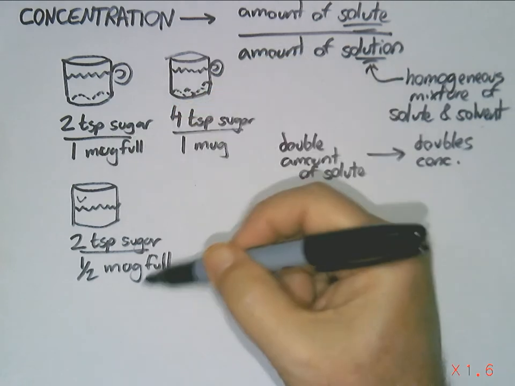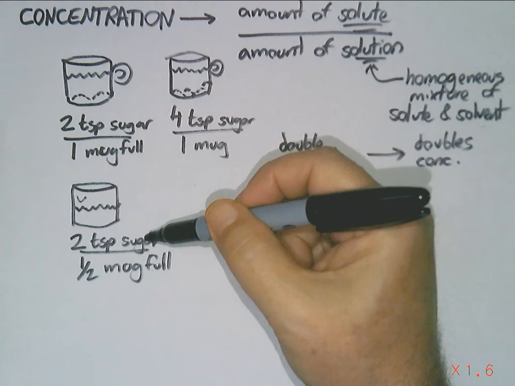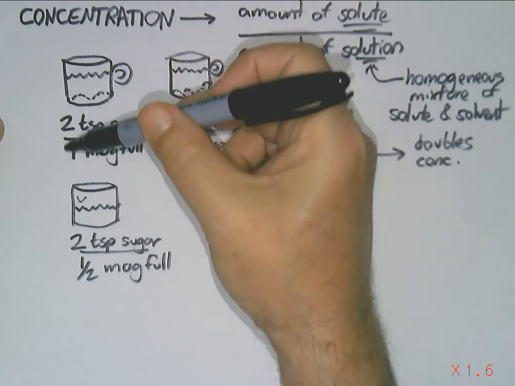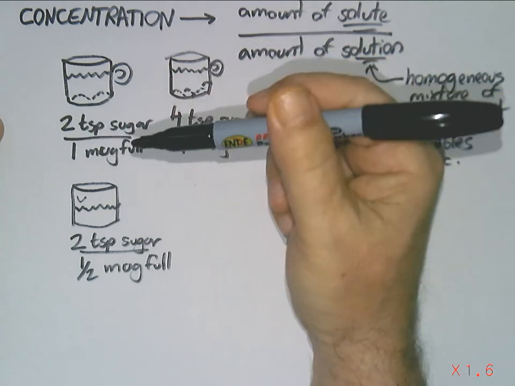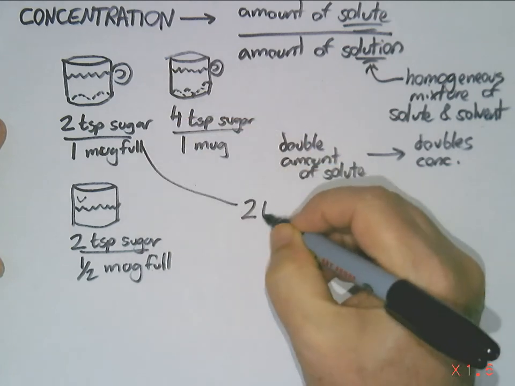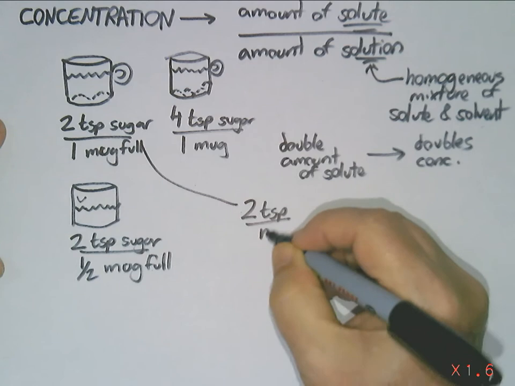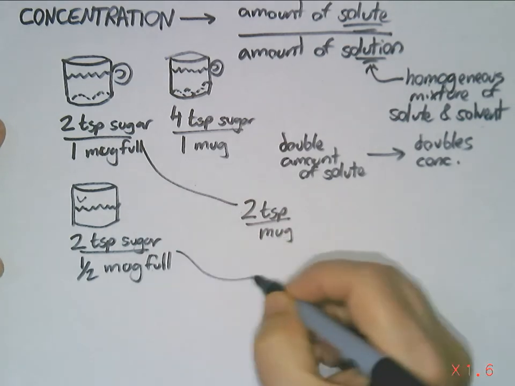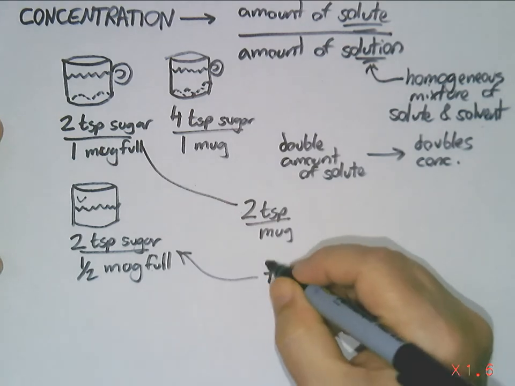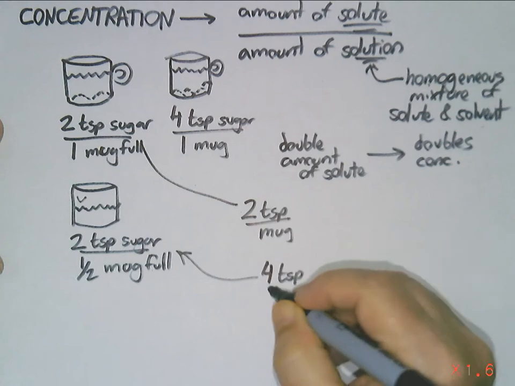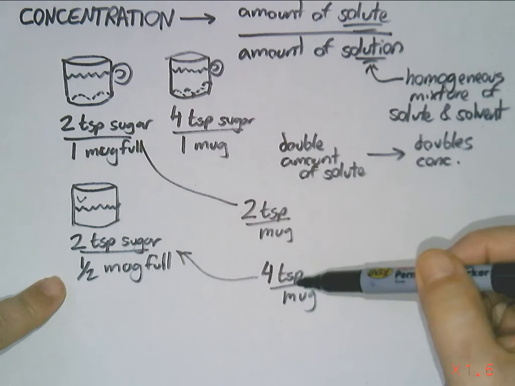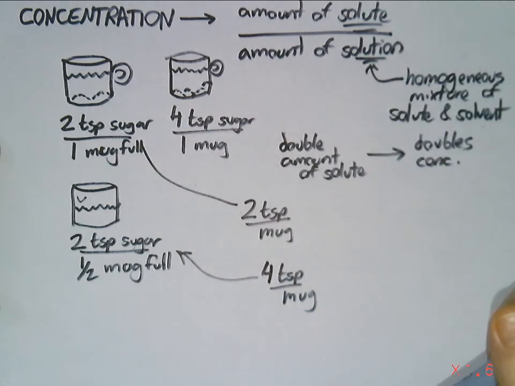If you take half a mugful with the same amount of sugar dissolved in it, the concentration is going to be double. Here the concentration is 2 divided by 1 teaspoons per mug. I mean, you can write this as 2 teaspoons per mug, like that. And you can write this one as what? 2 divided by a half is what? So you've just made your roommate's coffee here. It has the same concentration as your roommate's coffee.